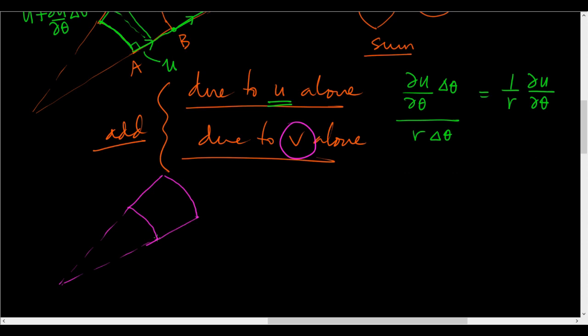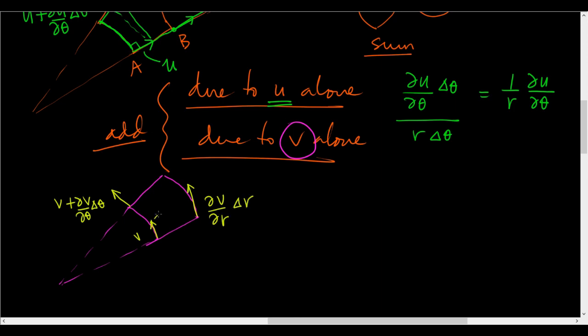This is v, and this is v plus del v del theta delta theta, and this is del v del r delta r.